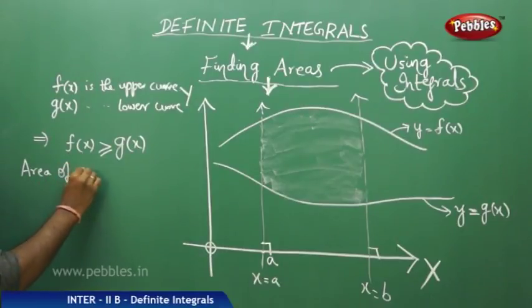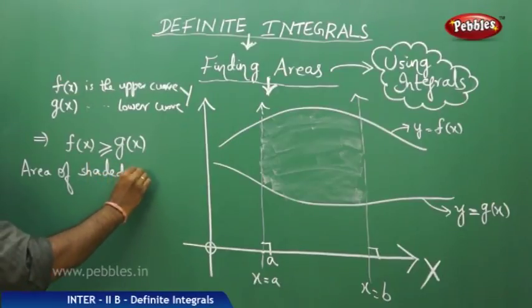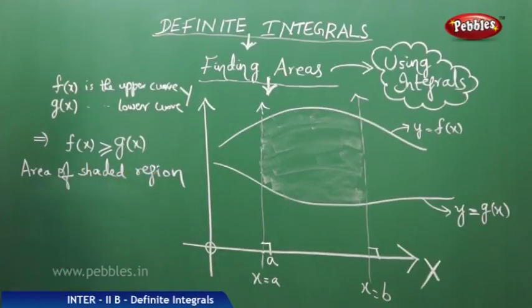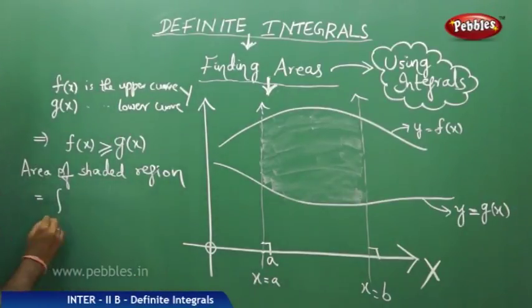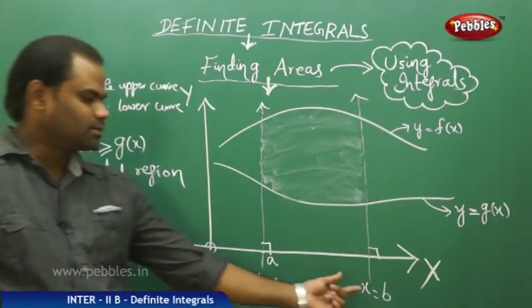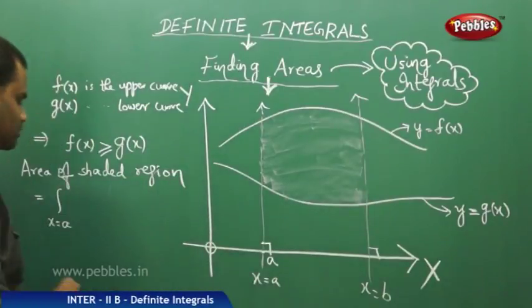area of shaded region. Therefore, area of shaded region is given by integral of the lower bound, which is x equal to a, and the upper bound, which is x equal to b on the rightmost.